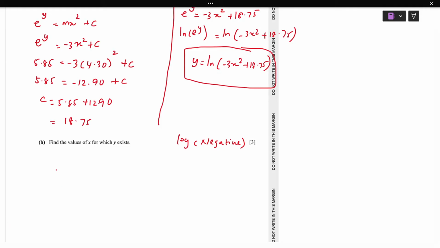So -3x square plus 18.75 is greater than 0.